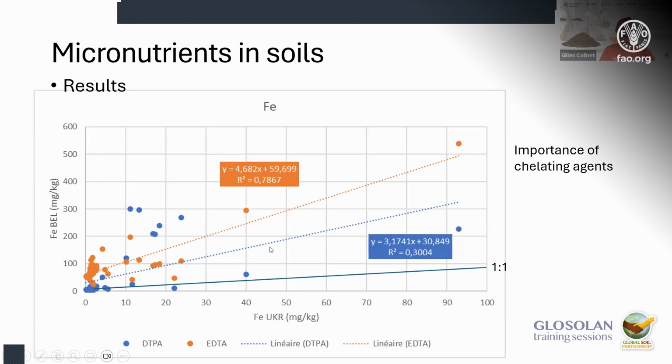So we could say that for some of the points with the DTPA, you have a good relationship between DTPA and Ukrainian methods, but there are some soils here which are clearly extracting more with the DTPA. And for the EDTA, we have the same. We see that we extract more than DTPA, and for the low levels of elements in soils, we have big differences. See that here it's 100, where it's less than 10 for the other methods.